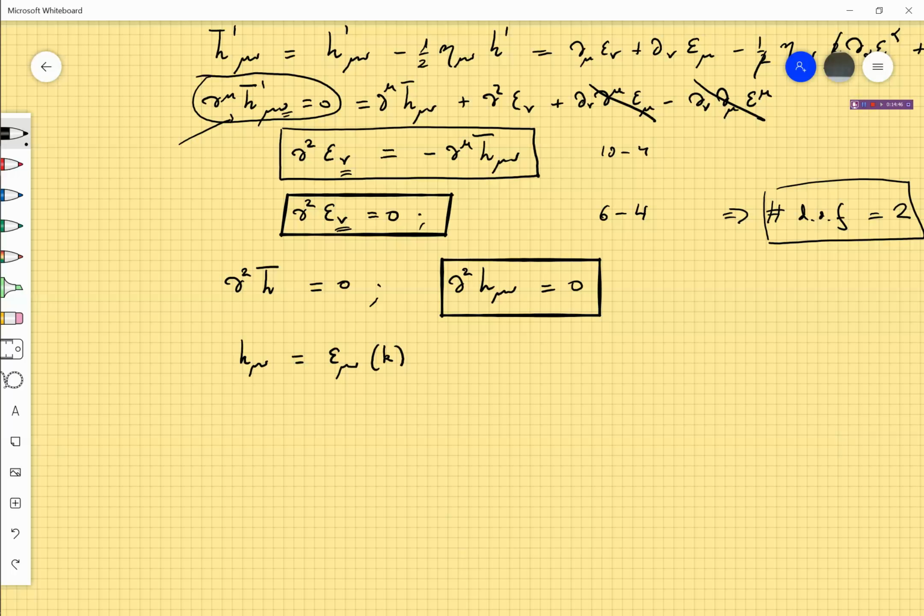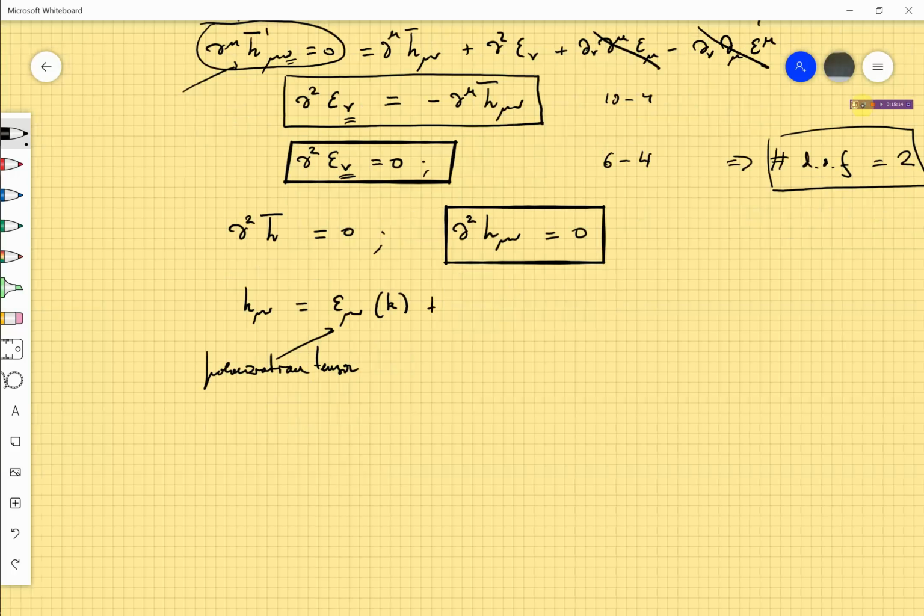And this tensor is called the polarization tensor. This is very similar to what happens in electromagnetism, but in electromagnetism, the polarization tensor is just a vector. And then the typical sinusoidal function, times sine of k beta times x beta.